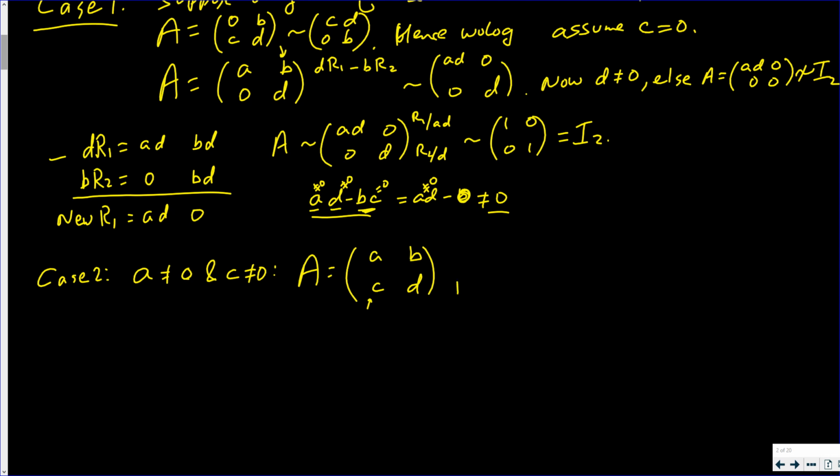So I'm going to take row 2 and multiply it by A, and I'm going to take row 1 and multiply it by D and subtract. First row, we didn't do anything to. Now, A times row 2 will be AC, AD. And D times row 1, that will be AD and BD.